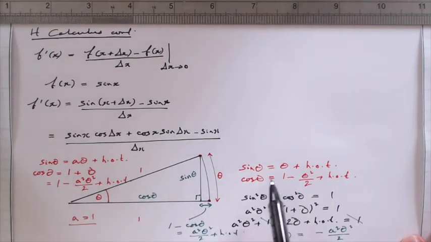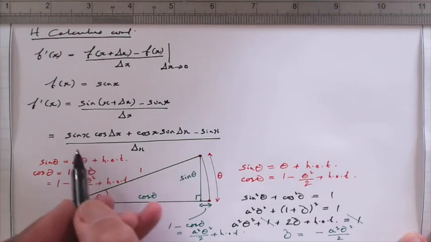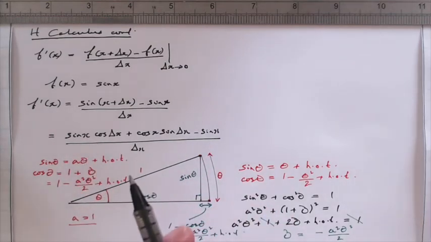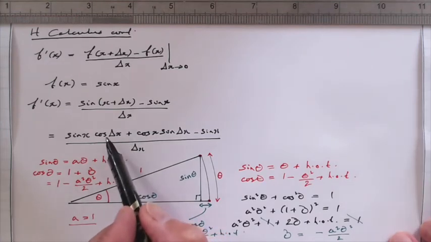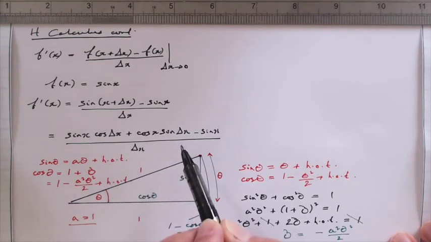But we have what we need, which is that sine theta is theta plus higher order terms for theta very small, and cosine of theta is 1 plus terms which are of order theta squared. So going back to this, we know that we're looking for that term delta x, term of size delta x coming from here, which will ultimately give us the derivative.